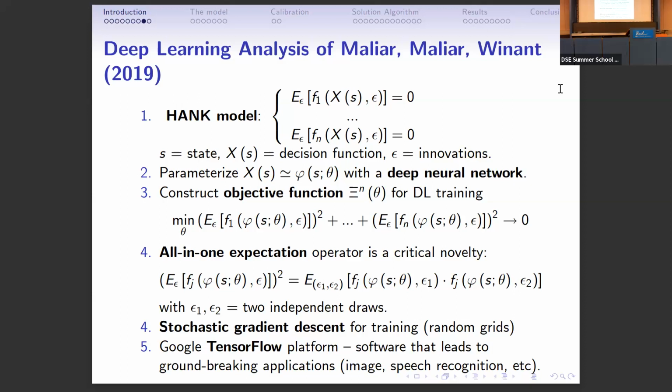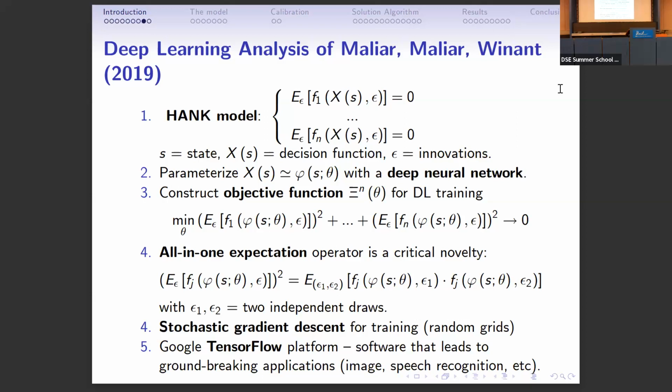Right? So just to set up notation, we represent our HANK model as a system of equations which have expectations. The integrand depends on a decision function, which is a function of state S. Epsilon is innovation. So we use deep learning.